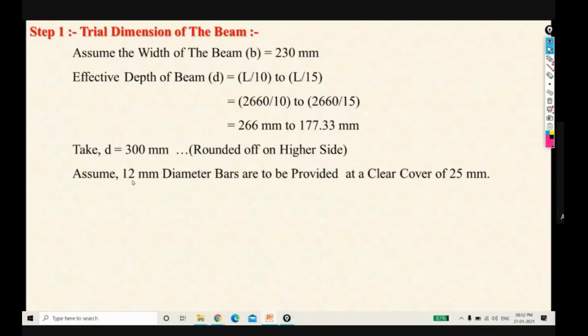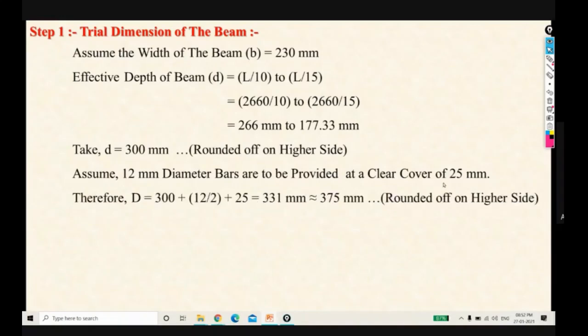Now assume the diameter and the clear cover: 12 mm diameter and 25 mm clear cover. Calculate overall depth. The overall depth is 331. Again we round it up to 375. You can assume 350 also, no problem.